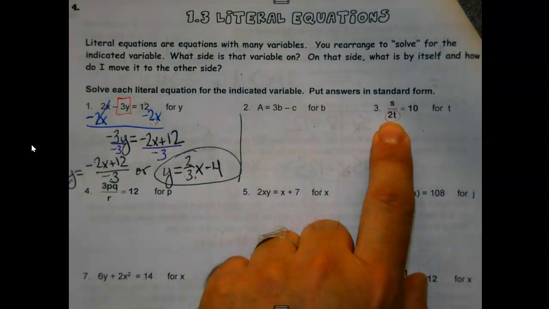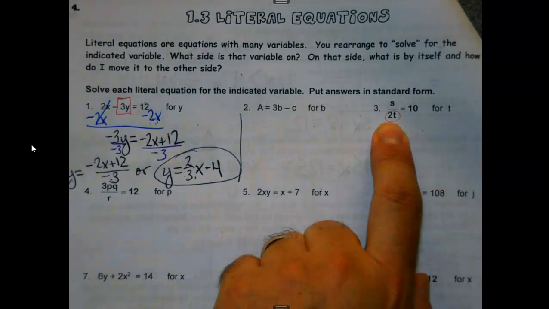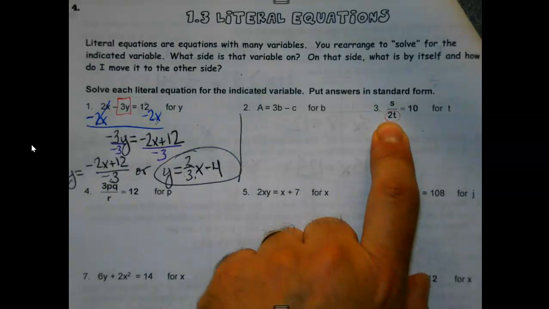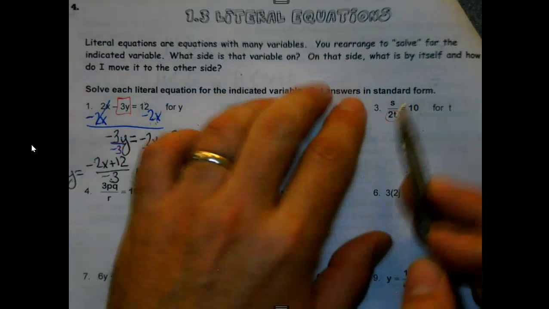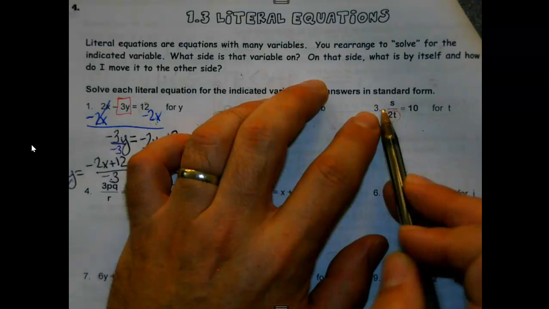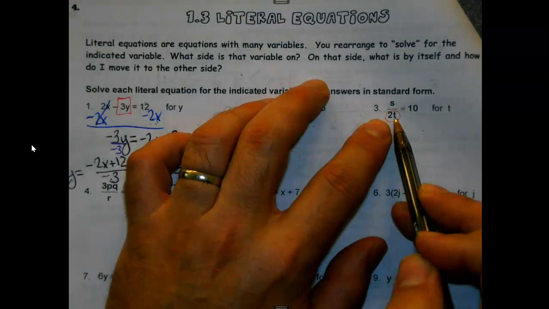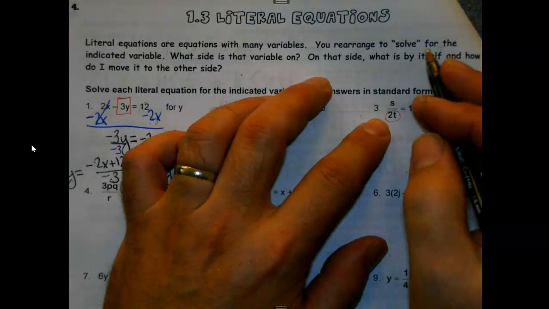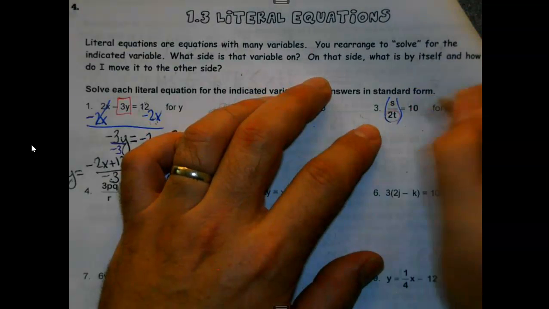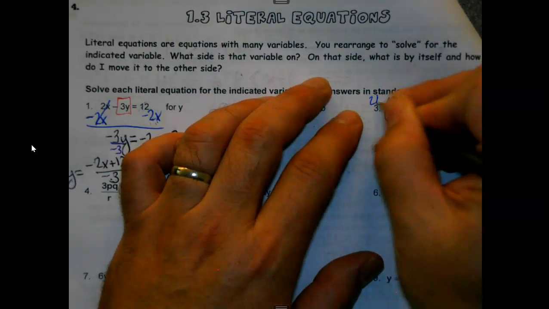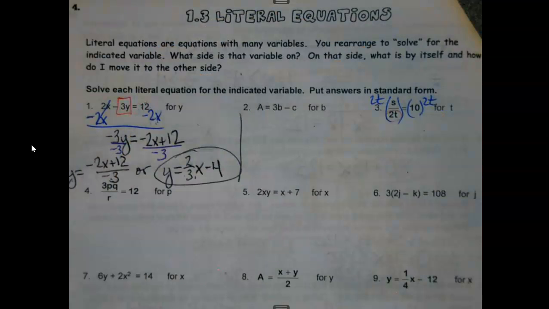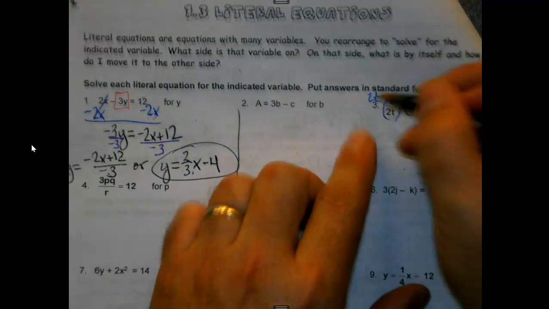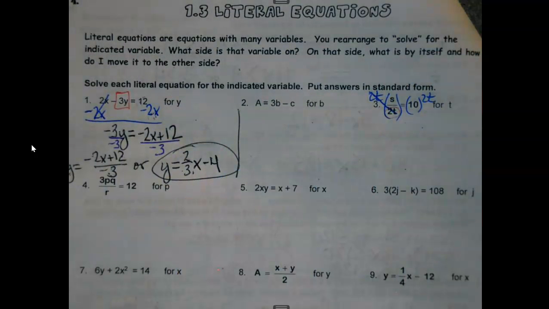Ooh. Solve for t, and t's in the denominator. Well, what the heck do I do here? Okay, let's think. We're dividing by 2t. What's the opposite of dividing? Multiply. So we're going to multiply both sides of this equation by 2t, because that will get my t out of the denominator.